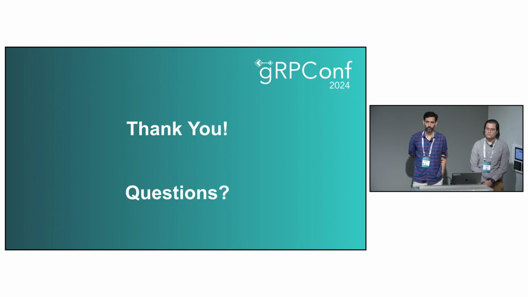Hi, nice presentation. Is this an issue only in Go? How about Java and Python, other gRPC implementations? Or do you plan to address them in other? So I know that Java did a bunch of work, I think a year ago or something like that, where they made a lot of improvements for performance, and I don't know the details, but they did something similar wherein they were ref counting the buffers and ensuring that copies are limited.